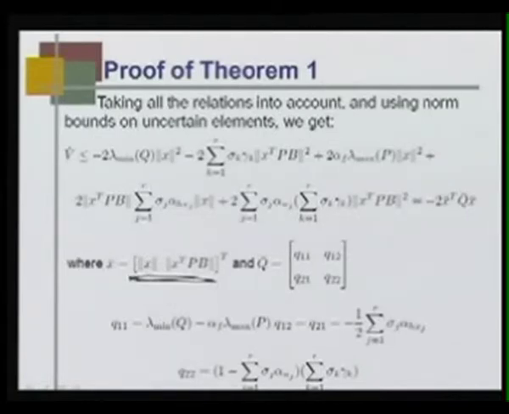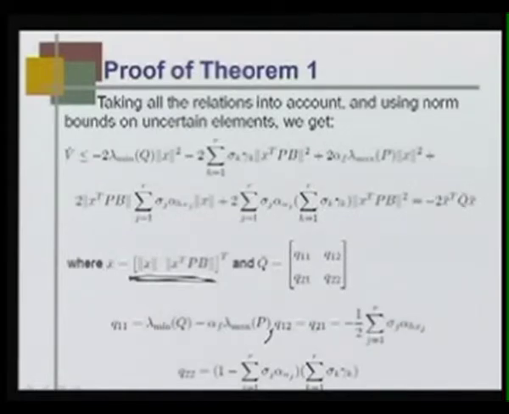And q bar has 4 elements q11, q12, q21, q22, where q11 is given by the minimum eigenvalue of q minus alpha f lambda max of p, the maximum eigenvalue of p.